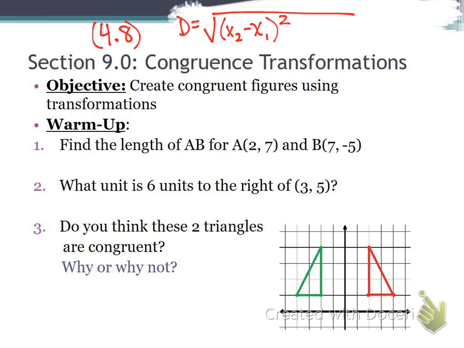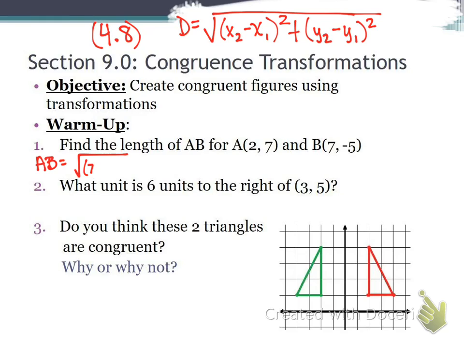Okay, what do we do after we subtract those x's? Square it, and then plus y2 minus y1, whole thing squared. Okay, it's coming back. All right. When we plug things in for the distance of AB, what do you want to put in for your first x?